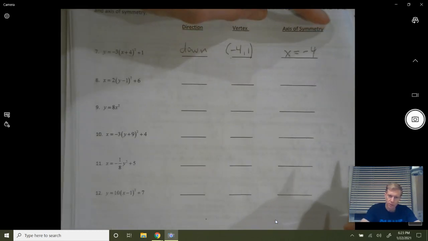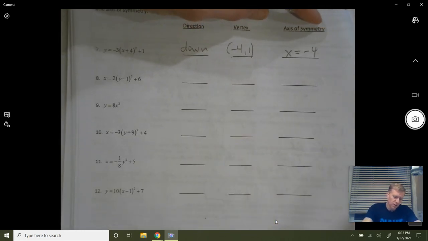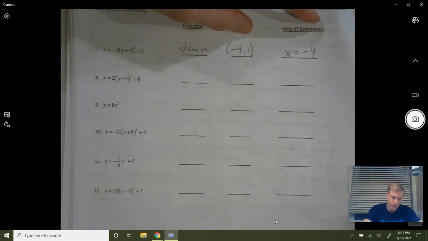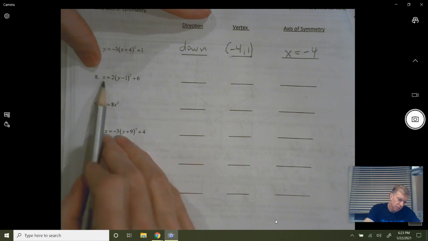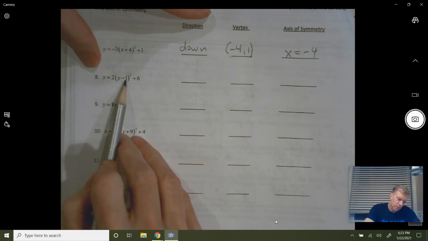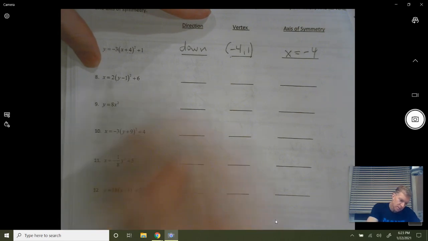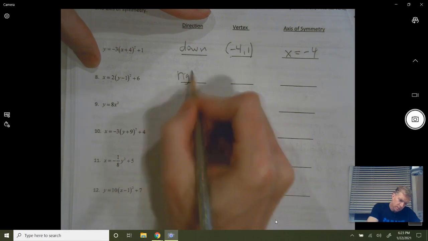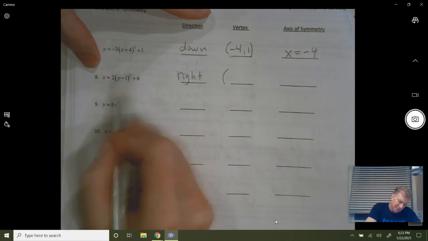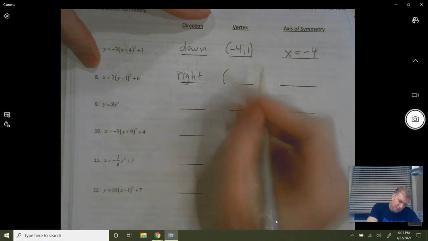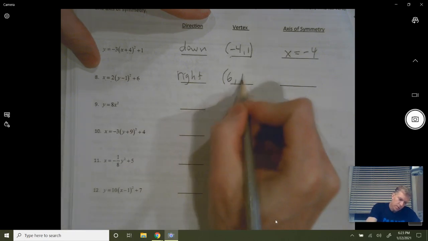Okay, I'm going to walk through all these. If you want to pause the video and work through these and then just fast forward and check your answers. But I'm going to talk through each of them. X equals y squared, so that opens right, left. This value is positive, so it opens right. Your vertex is going to be, if 6 was with the x, it'd be x minus 6, so 6 comma 1.